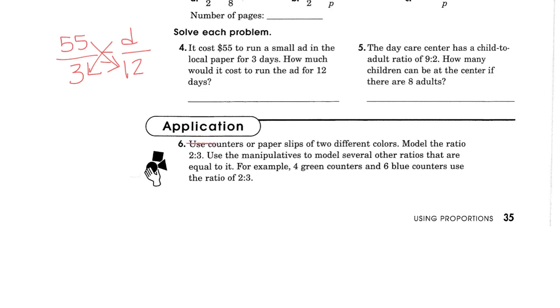Instead of using counters, I'm going to have you draw a picture. And you're going to show the ratio of 2 to 3. And then you're going to show me other ratios that are equal to it. Example is 4 to 6. What other ratios can you set up to be equal?